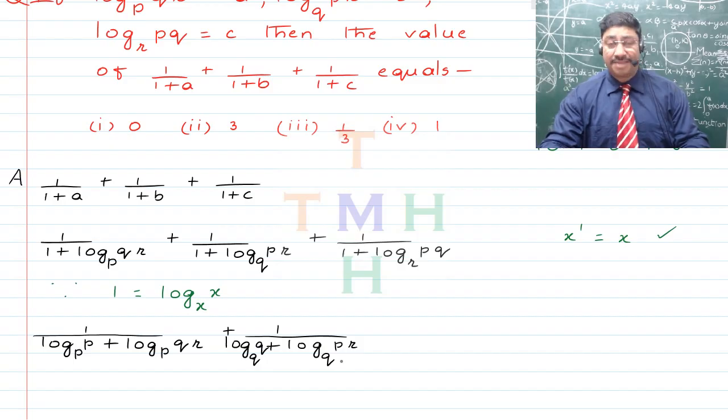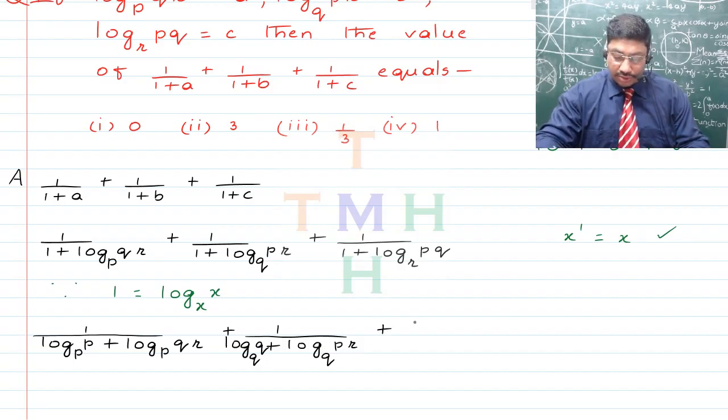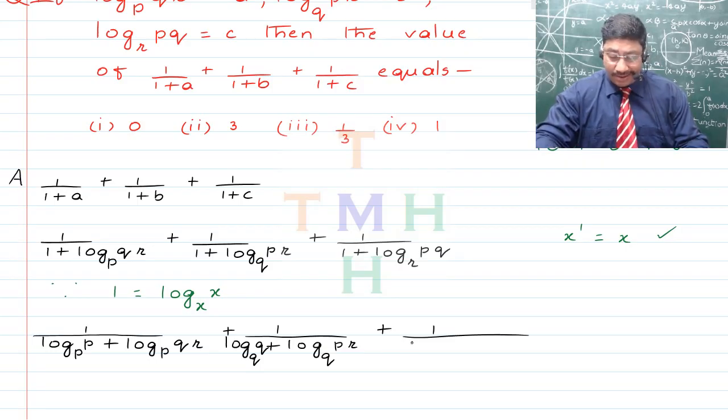And that's again going to help us because the base of both of these terms is Q, right? A rule of logarithm will get applied. Now the third term, children, is 1 again, where now we've got to bring it in terms of R. So as such, we'll write log R to the base R, right? And to which is going to be added log of PQ, to the base R.